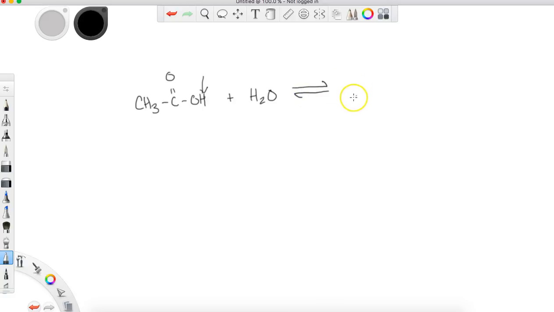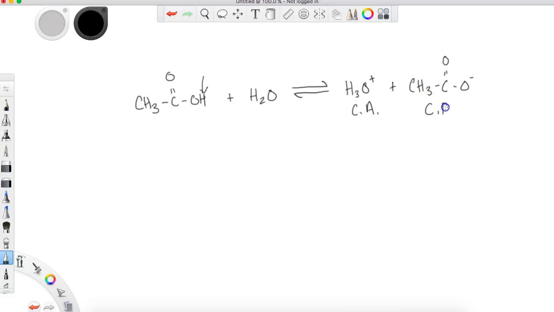So if these two were to go back and forth, what I would technically be making is H3O plus, if water were to accept a proton, plus CH3C double bond O, O minus. This would be the conjugate acid, I'm going to abbreviate here.